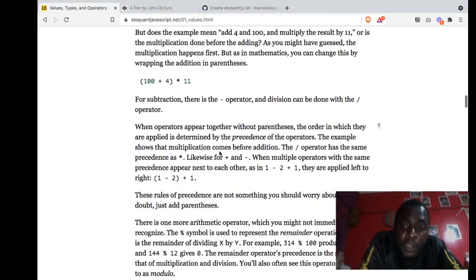When multiple operators with the same precedence appear next to each other, as in 1 - 2 + 1, they are applied left to right. That is (1 - 2) + 1. These rules of precedence are not something you should worry about. When in doubt, just add parentheses.